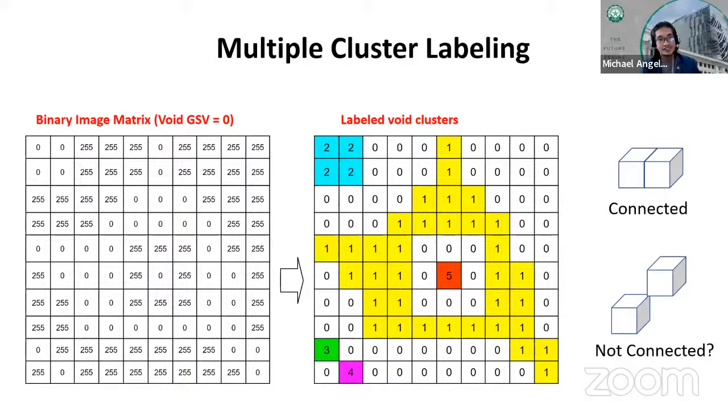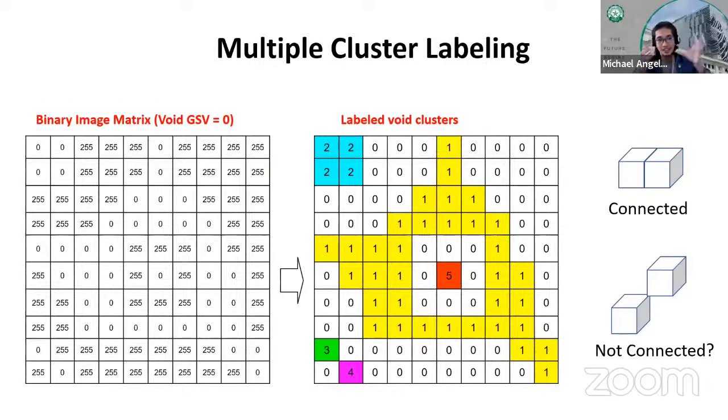So in this case, using the multiple cluster labeling technique, we can label this, with the default label 0 being the solid, then labels 1, 2, 3, 4, 5 being the clusters, and they are connected using, for example, a 6-point connectivity rule. In that case, if the faces are connected, they are considered part of one cluster. So this is how you can look at this multiple cluster labeling technique.